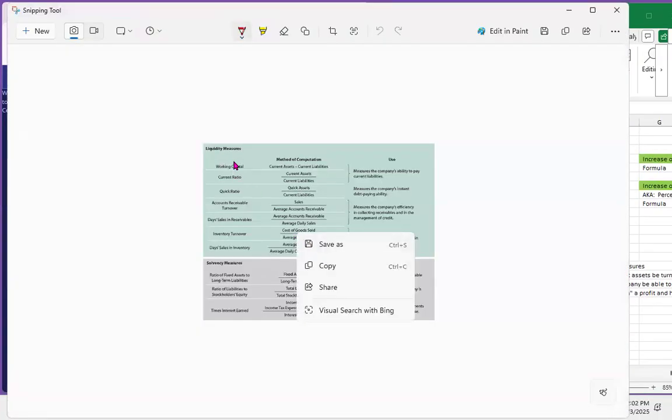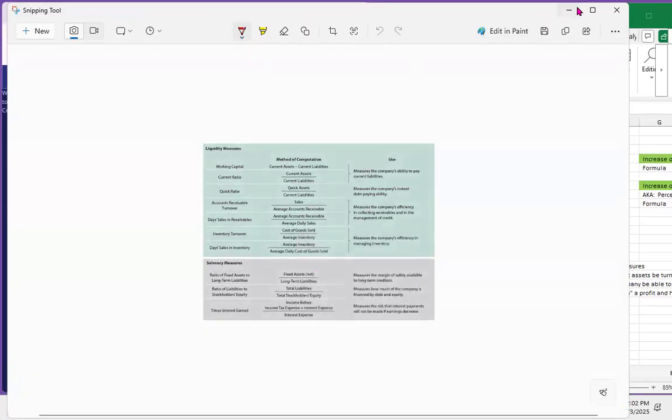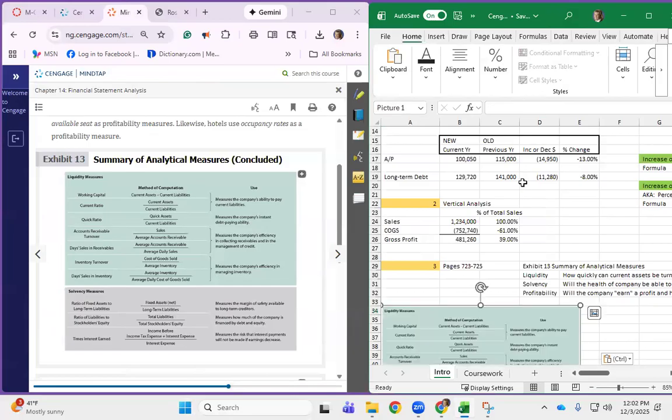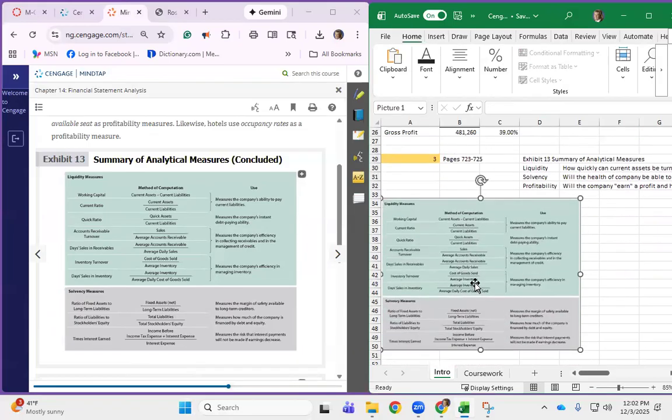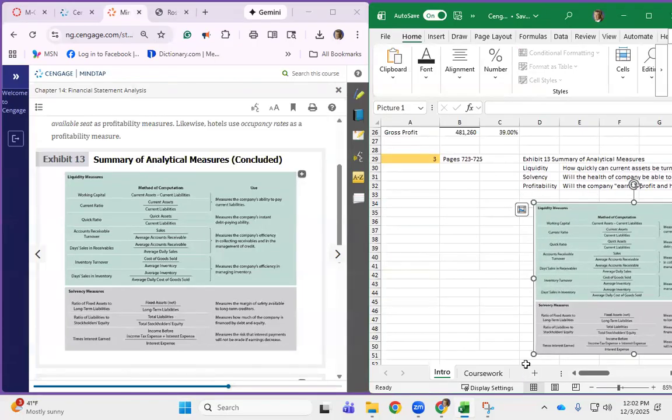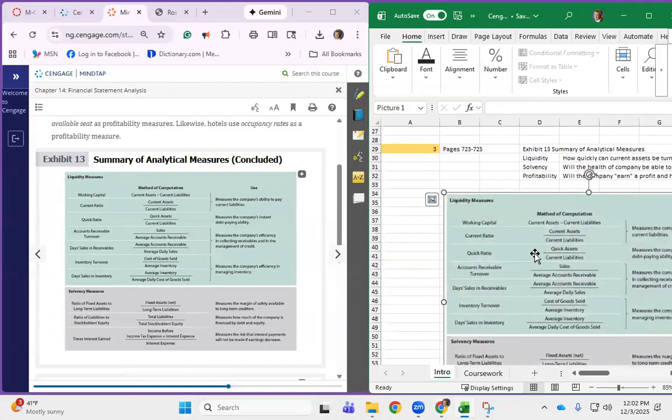So look, liquidity measures: 1, 2, 3, 4, 5, 6, 7. There are 7 of those. Solvency measures, there are 3. Let's put this right here and we'll move it over. In case we need it, we can make it bigger so we can read it.